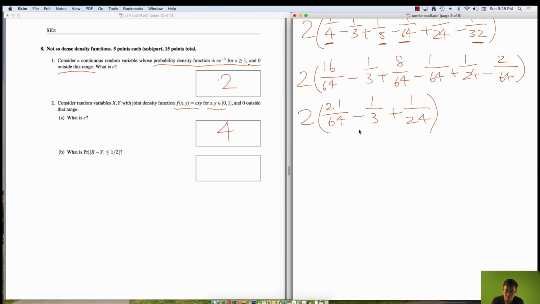And then minus a third plus 1/24. And then I can convert this into a denominator of 24. So this is just 8/24 plus 1/24. And I get 2 times 21/64 minus 7/24. So now I want to combine these fractions. So I want to find a common denominator.